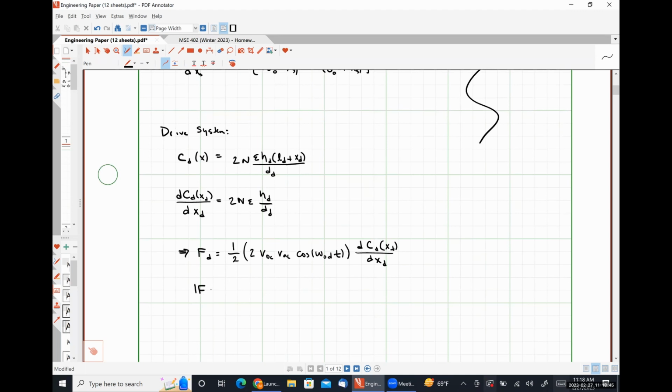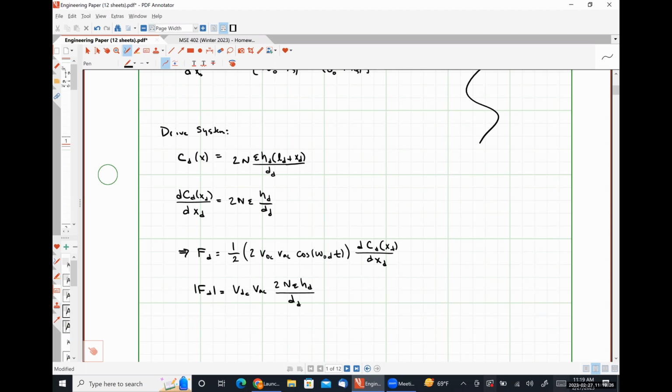So the magnitude of our force effectively just means we're going to throw away the cosine bit because we don't care about what it's doing as a function of time. We only want the maximum value, right? So we have 1/2 times 2 gives us 1. So that is going to be V_DC, V_AC, and then we multiply by dC_D/dx_D, which is twice N epsilon H_D over D_D.